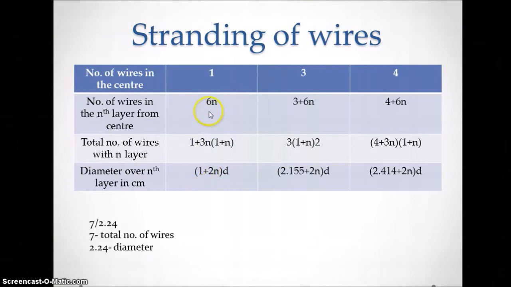If I have one wire in the center, the number of wires in the nth layer is 6 times n. So for the first layer, 6 plus 1 is 7. This 7 fills the first column data. And how is the diameter fixed? If I have 2.24, that is equal to 1 plus 2 into n into d. From this I can calculate the diameter of each strand, and hence the diameter of the total conductor. Like this we can calculate the conductor configuration.